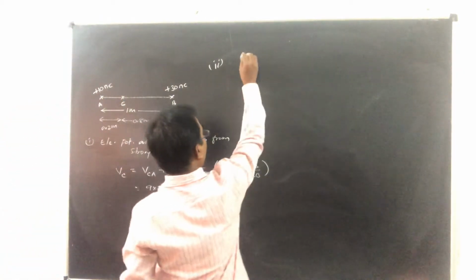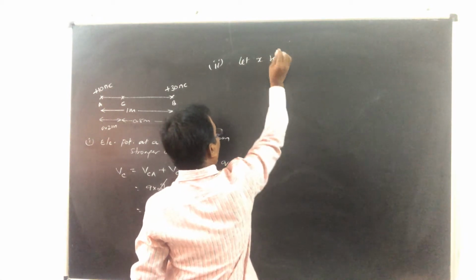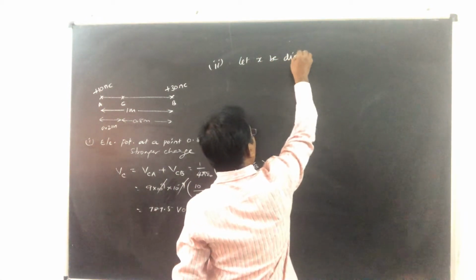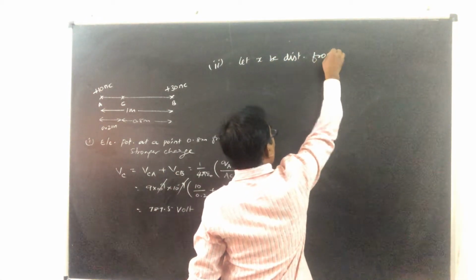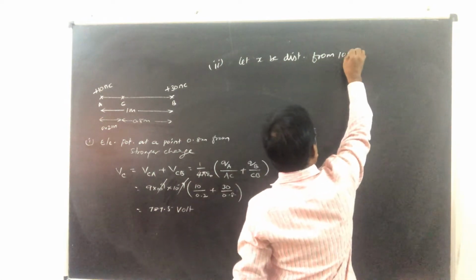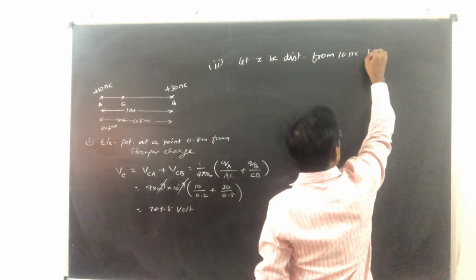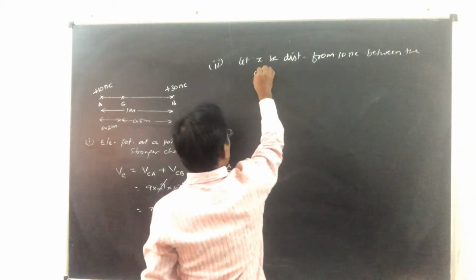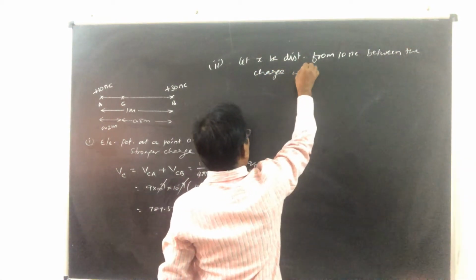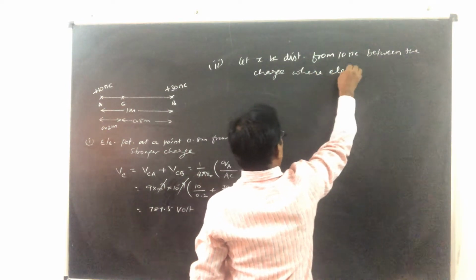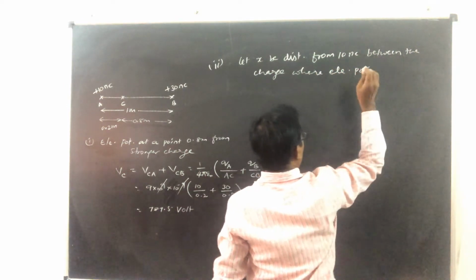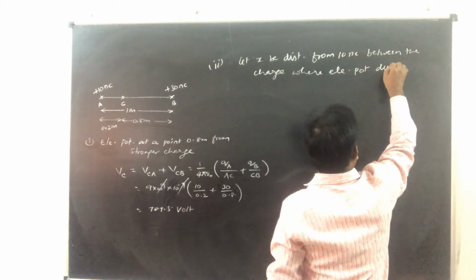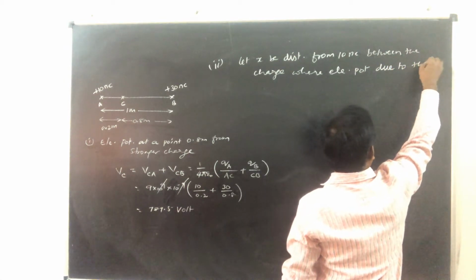So, let us consider that x be the distance from the 10 nanocoulomb charge, between the charges, where the electric potential due to the charges is equal.